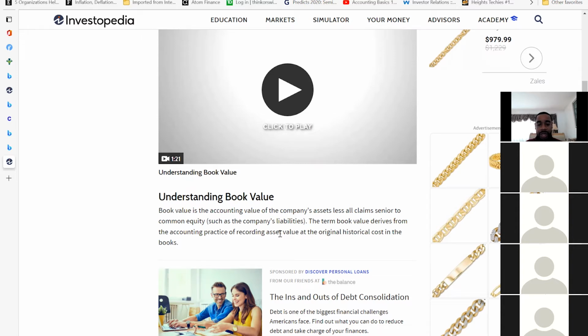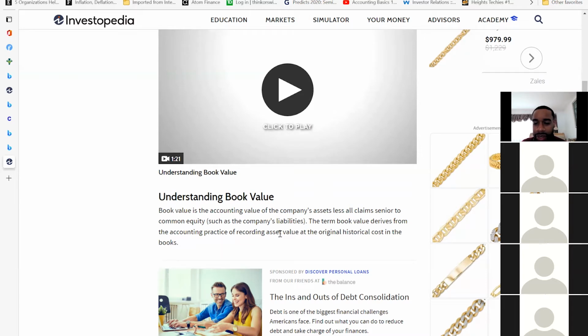Let's say you look at the book value of its real estate holdings, and you say, oh wow, even though it's trading at $50 billion, they have $100 billion in real estate. And let's say they only have $20 billion in debt and long-term liabilities. Now you have a book value of 80 billion, right? So the company is trading at 50 billion, but it's really worth 80 billion on paper. And so you would say that company is trading at a discount to its book.